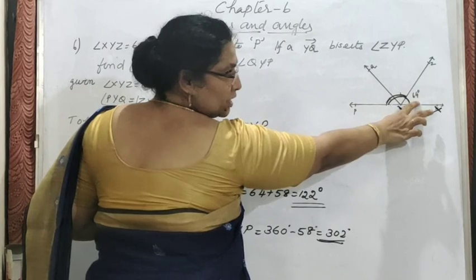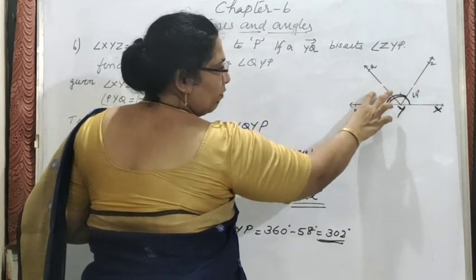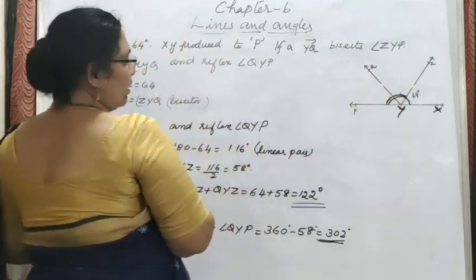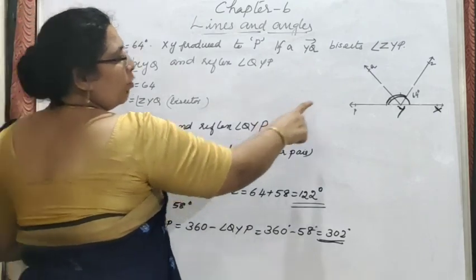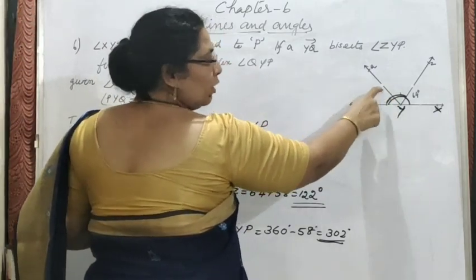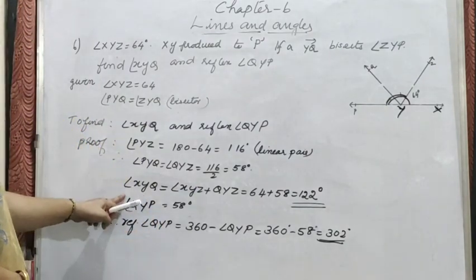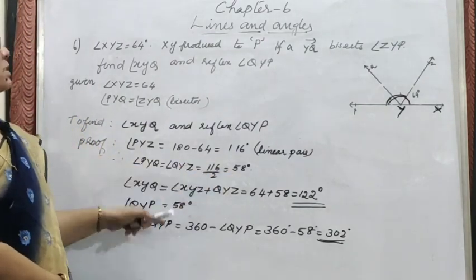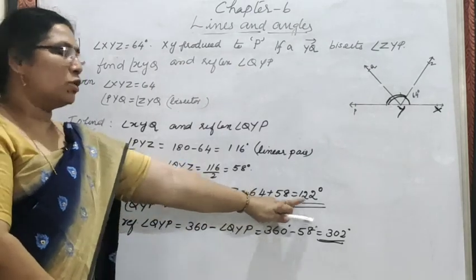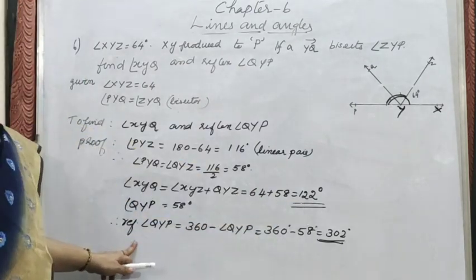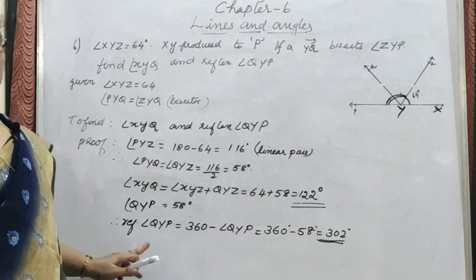If it is 64, what is the remaining angle? 180 minus 64, that will be 116. Now by the bisector property each will be equal to 58. Now the question is asked for XYQ. So 58 plus 64 to be added, so 122. Finally the reflex QYP is equal to 302.